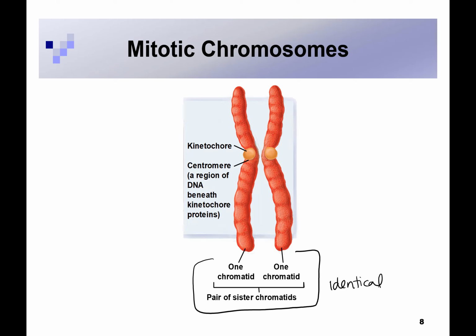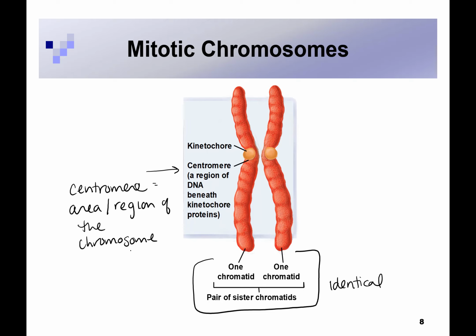And some terms you need to know. The first one is a centromere. The centromere is an area or region of the chromosome where the sisters are joined together.